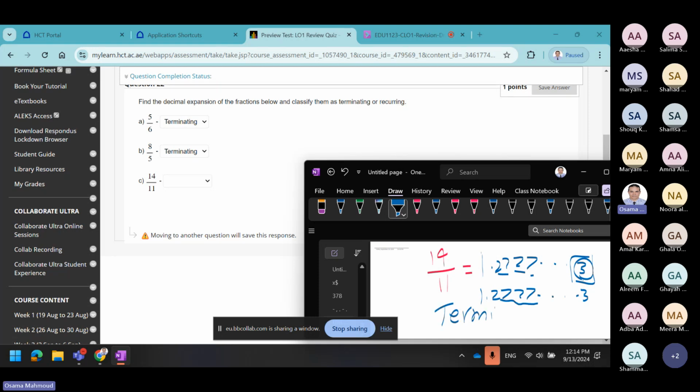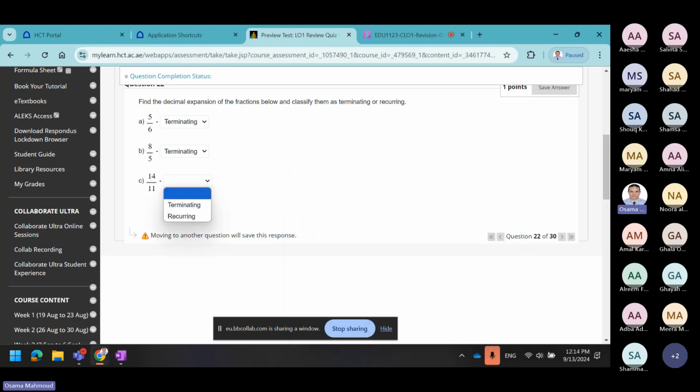You get confused because you have repeated digits. No, you have to look at the end. Can you do 1 over 3? You will find you never stop: 1.3333. In this case, it is very confusing. You are in a hurry. You just look at the beginning and you don't notice the end. If the end is different, it is terminating, right?